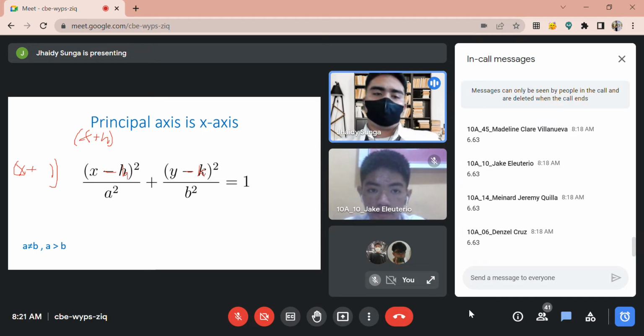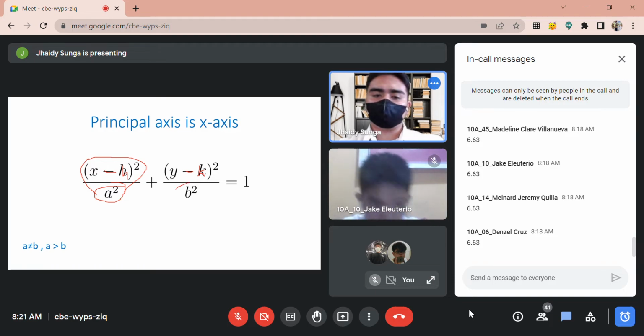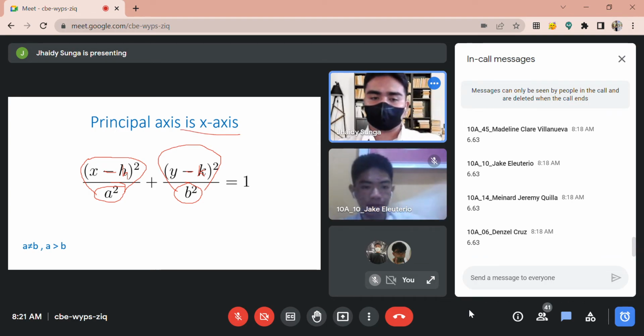When you have the principal axis, where is your a squared located? It goes with x. So that's the same. What is your minor axis? It's your b, the co-vertices. Where are your vertices located? On the x axis, when your principal axis is at the x axis.